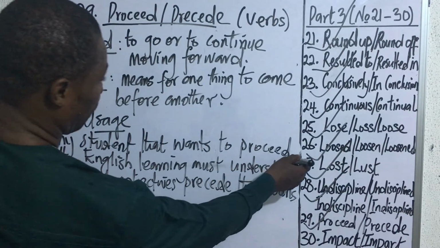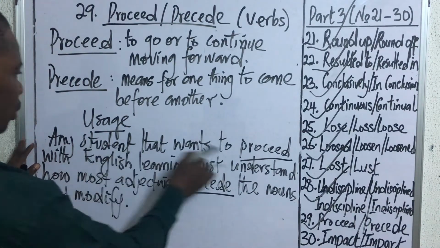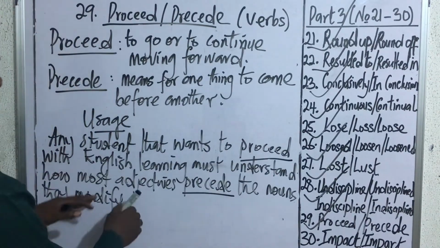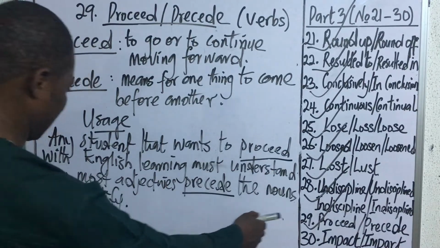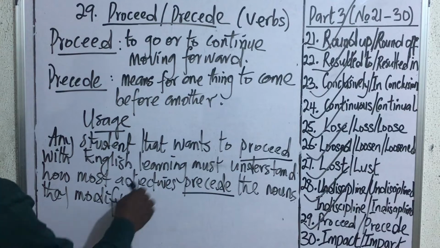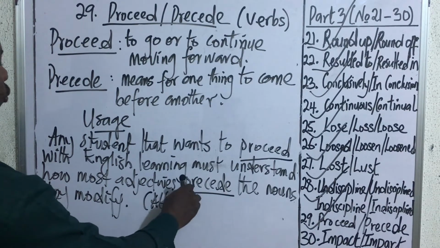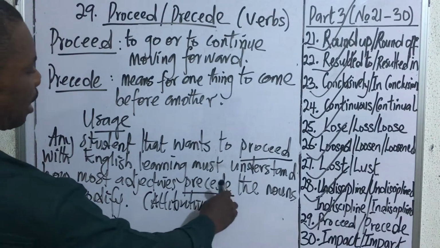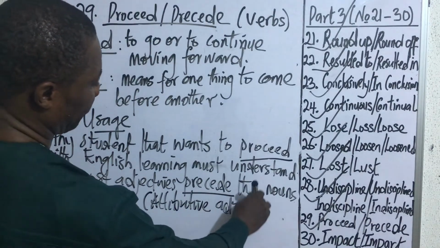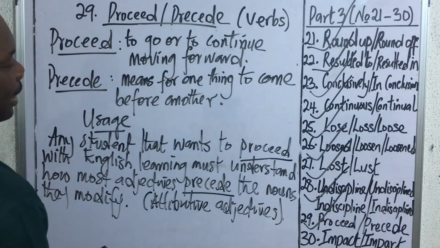So this is an expression that has to do with the two words. The student who wants to go forward with English learning must understand how adjectives come before the noun that they modify. And when adjectives come before the noun that they modify, we call that an occasion of attributive adjectives.